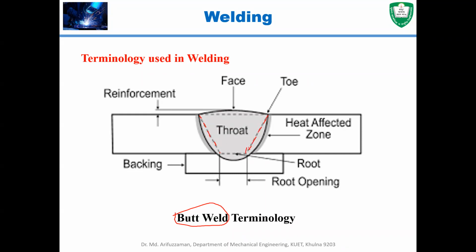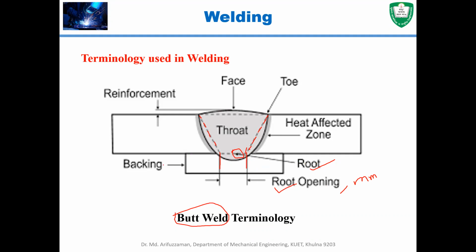The gap between the two workpieces is called the root opening, and this location is called the root. The root opening has a dimension in millimeters that you need to provide, and the root is the location. It does not have any unit. It is the bottom of the specimen.